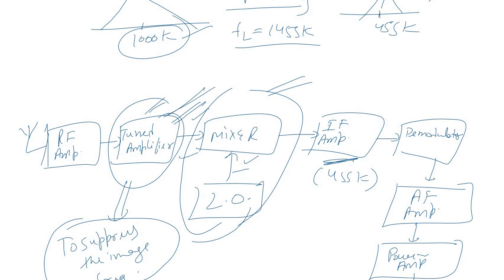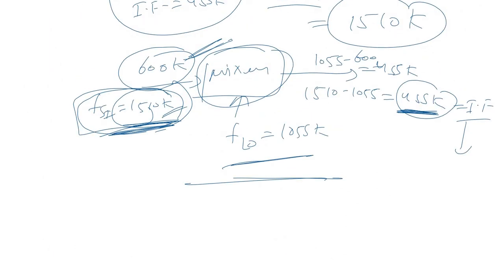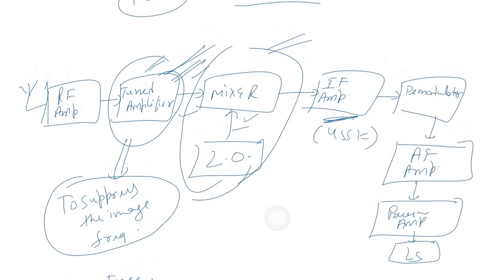This tuned amplifier only passes the input signal frequency and blocks the image frequency at the beginning of the mixer itself, so it does not allow the image signal frequency to get to the mixer block. So to suppress the image signal frequency, we use a tuned amplifier before the mixer.